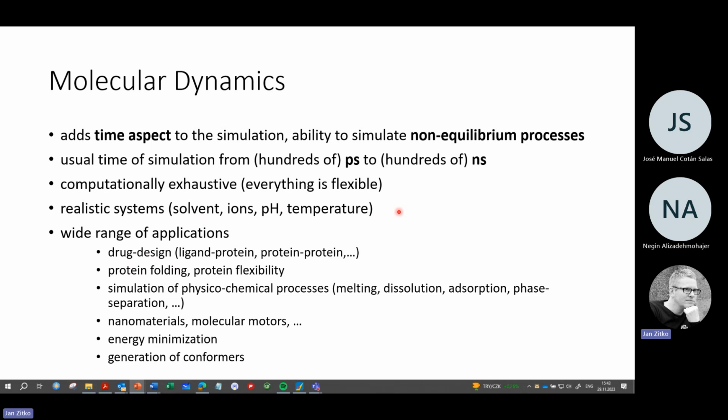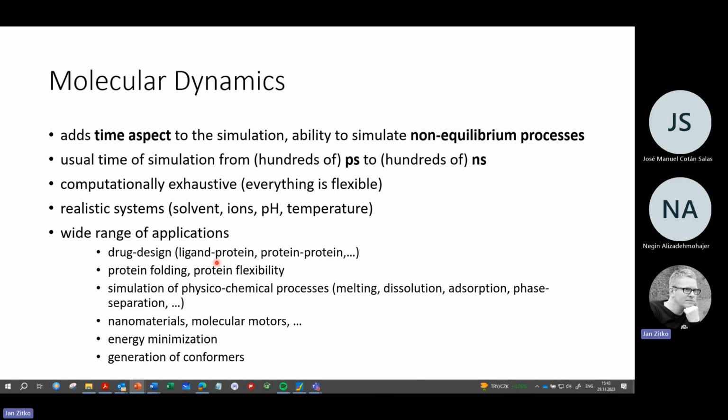Molecular dynamics, don't be confused, is a very general method, so it's not used only in drug design. Of course, drug design is of our interest. So in drug design, you can, for example, simulate the binding of a ligand to a protein, to its receptor, or you can simulate the unbinding.